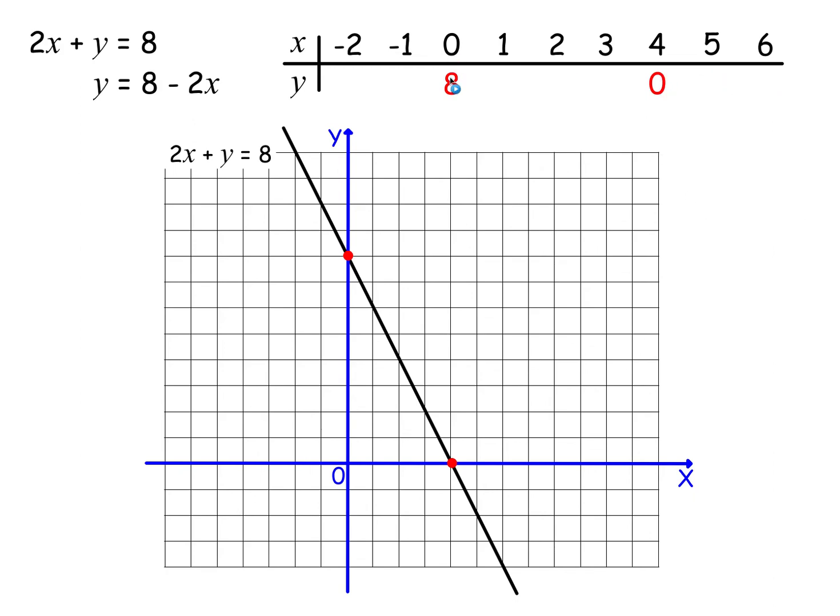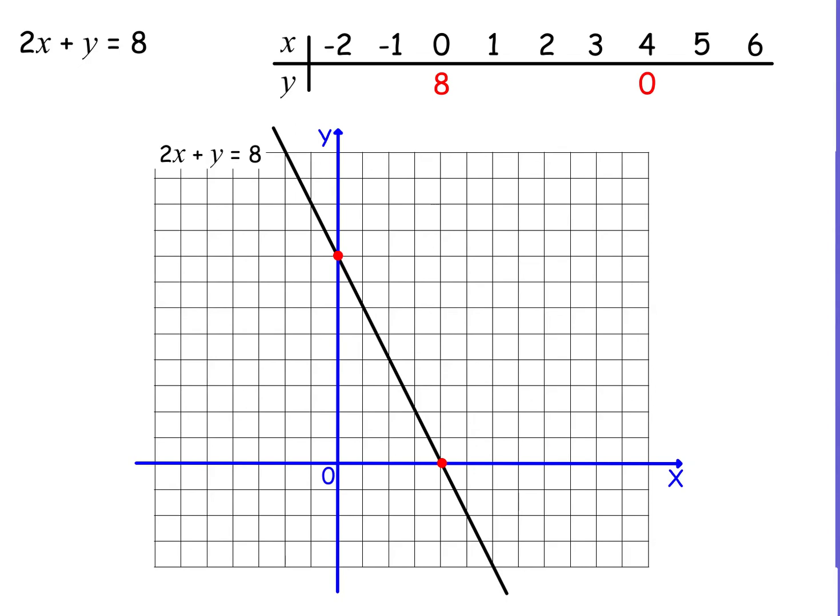We need (0, 8) on the y-axis: when x is 0, y is 8. It's easy to work out, putting x to be 0 in. Even up here in the first equation, without that rearrangement, if you make x 0, you can see that y is going to come out as 8. And if you make y 0, you can see that 2x is 8, so x is 4.